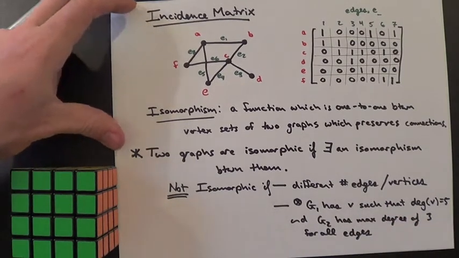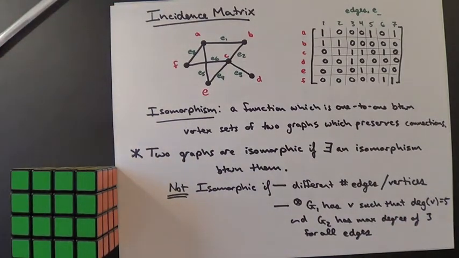It's another way to show pretty quickly that those two graphs are not isomorphic. This one comes up in surprising places, so it is just one to keep in mind.